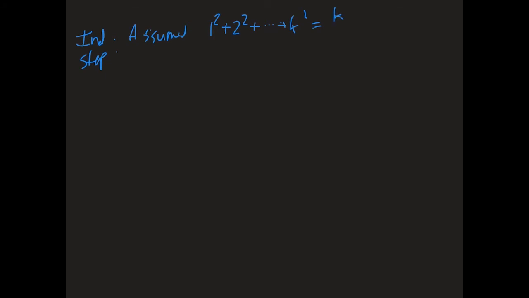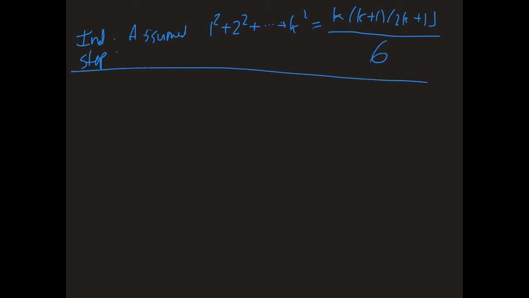K times k plus 1 times 2k plus 1 all over 6. My iPad is stuttering. I don't know if it's going to show up in the video or not. Okay, so that's what we're assuming is true. And then we have to prove the other thing.